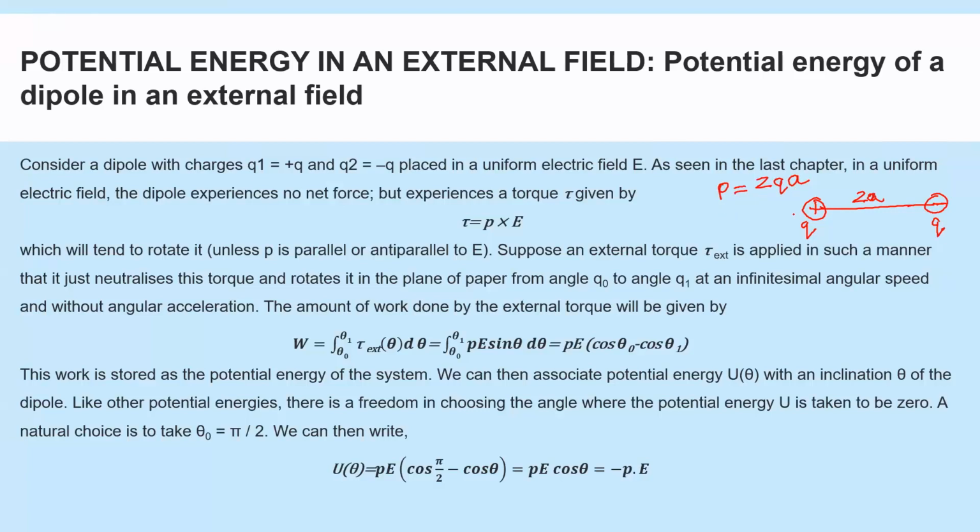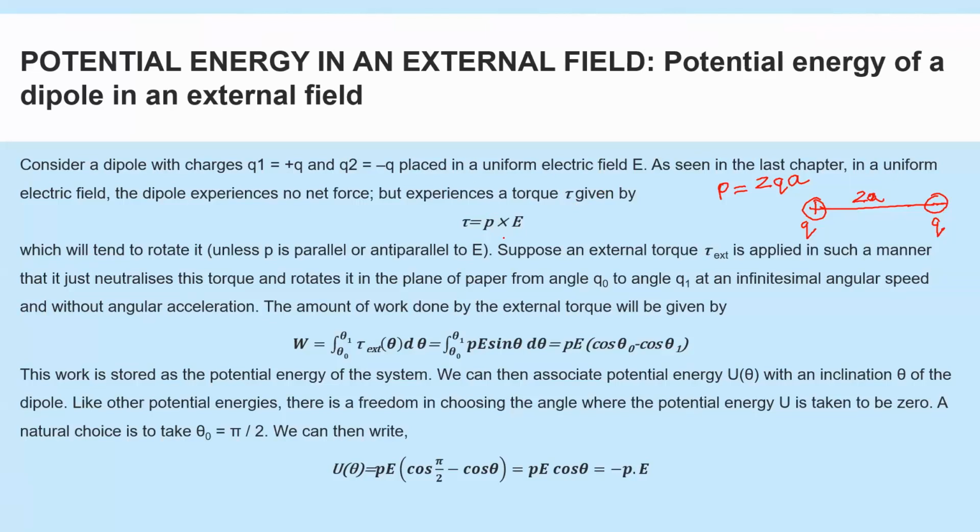As you know, if we keep an electric dipole in a uniform electric field, the dipole is going to experience no net force. There is no net force acting on these charges, because they are unlike charges, but it will experience a torque.